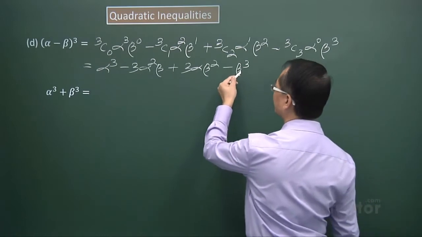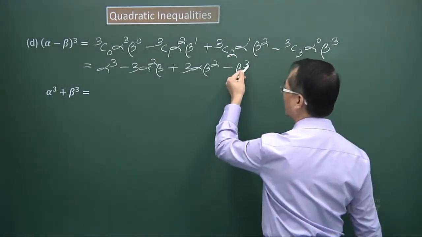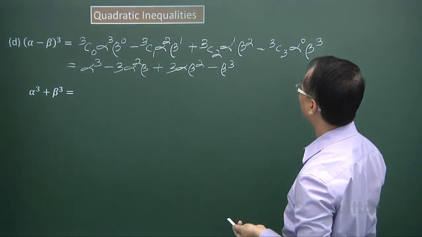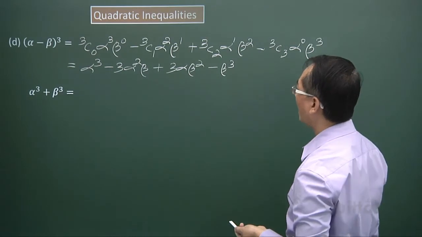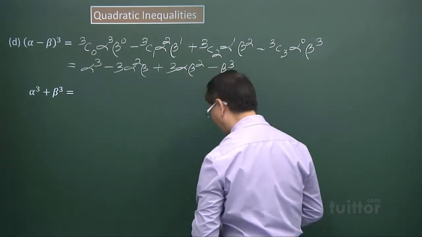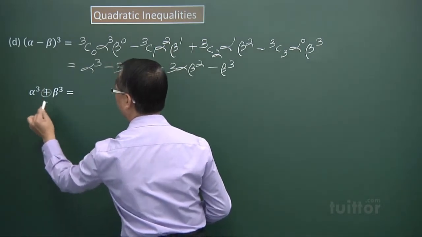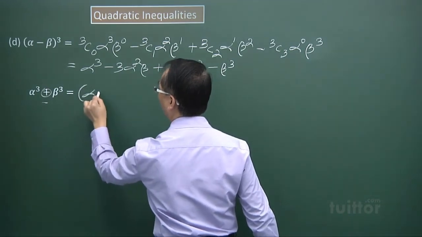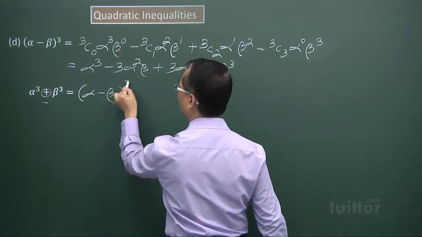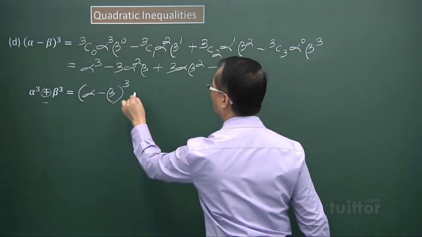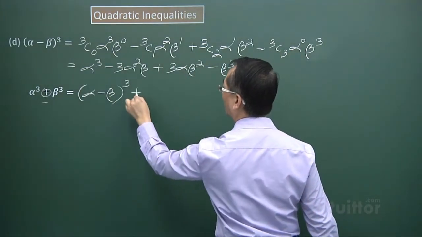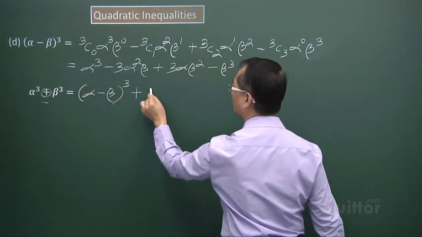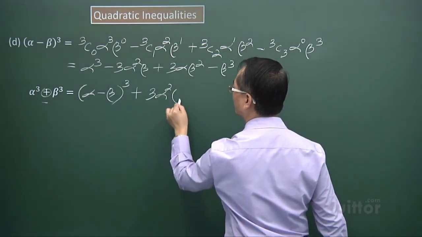Now, if I just take alpha cube minus beta cube as the subject, and I need to make adjustment here, that is a negative, then I would have alpha minus beta, the whole expression cube, plus, this term when it's transposed to the left hand side becomes positive, 3 alpha squared beta.